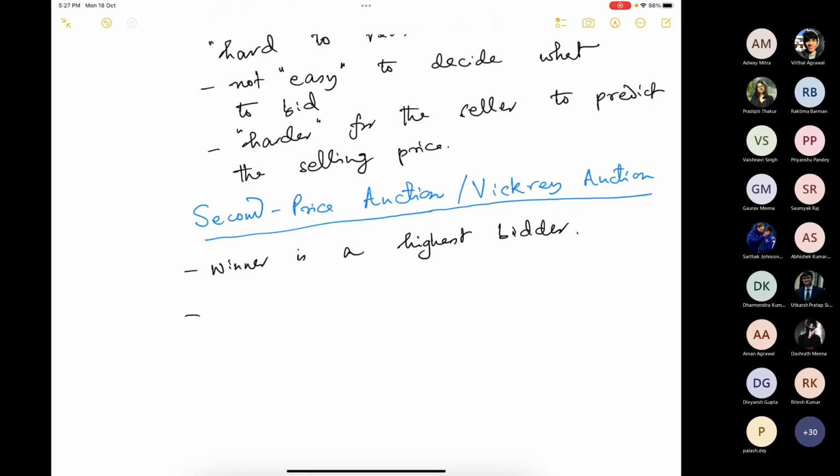In the second price auction, he or she does not need to pay his or her bid, and may have to pay slightly less. So the winner pays the second highest bid.